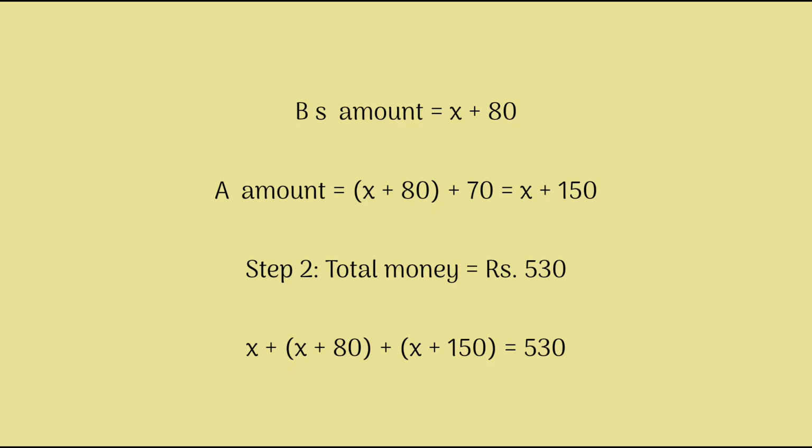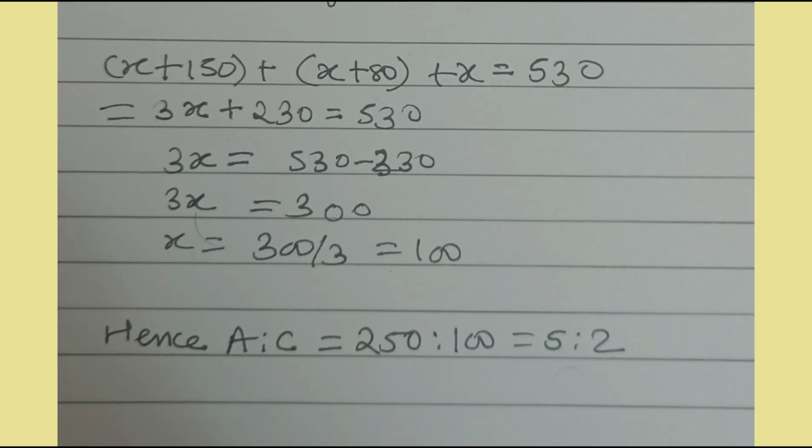So we simply write 3x plus 230 is equal to 530. So 3x is equal to 530 minus 230, which comes out to be 300. So x is 300 divided by 3, which comes out to be 100.